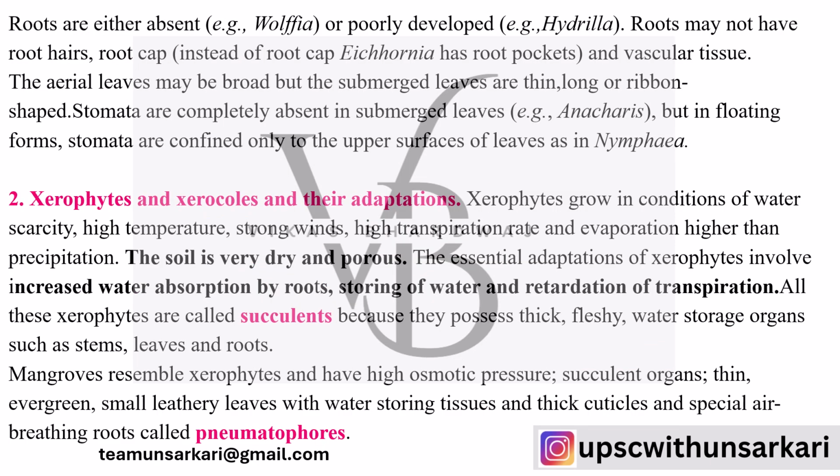In such cases, roots will either be absent or poorly developed. Roots may not have root hairs, a root cap and vascular tissue; they will also be absent in certain cases. The aerial leaves will be very broad, but those that are submerged will be thin, long and ribbon like.